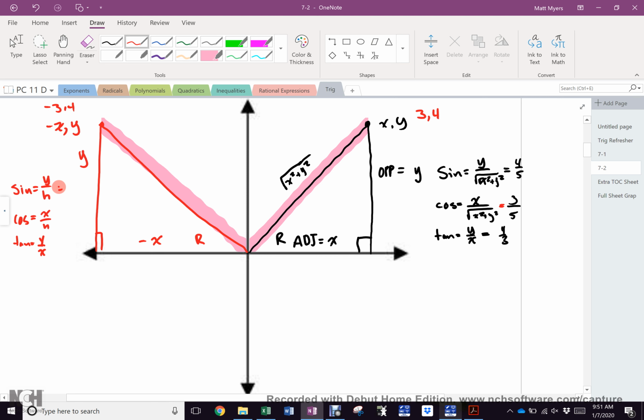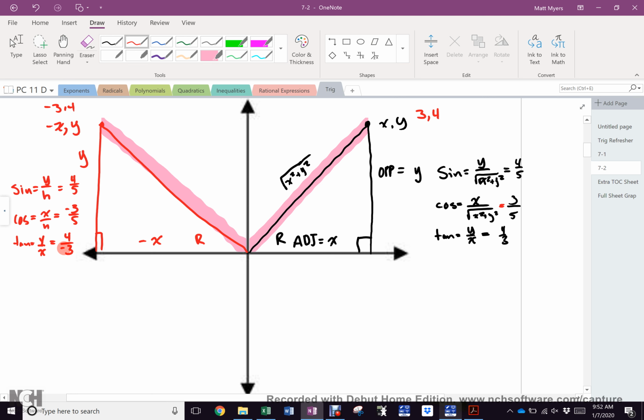So what's our sine? 4 over 5. What's our cos? Negative 3 over 5. And what's our tan? Or 4 over negative 3. That's really what we should write. Does everybody see?